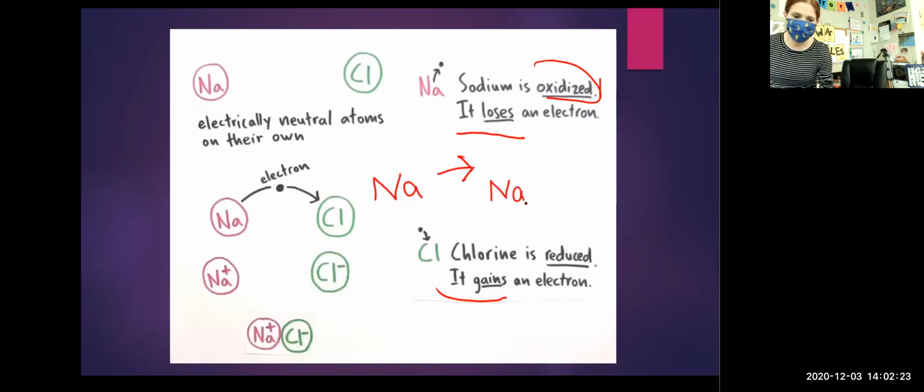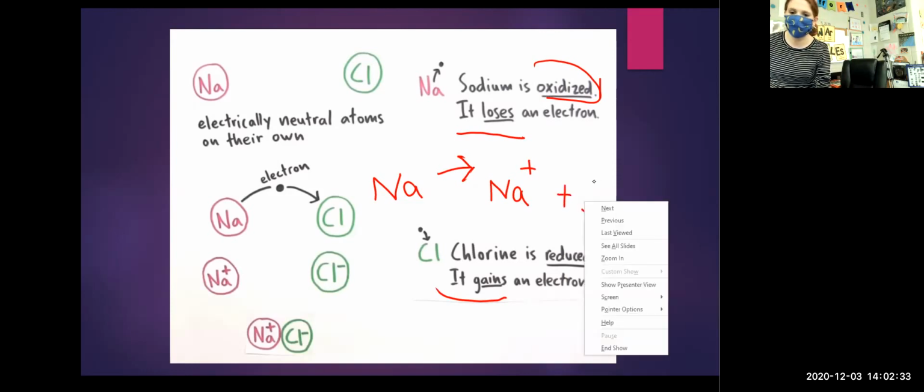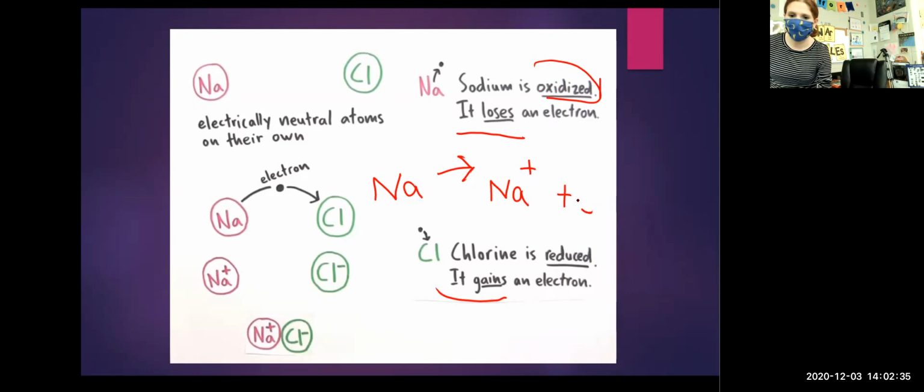Once it loses an electron, the little half equation will look like this. A little plus sign because it's lost an electron and now it's positive, plus a little electron. Oh, it is already written for you. Okay, then we'll keep going.